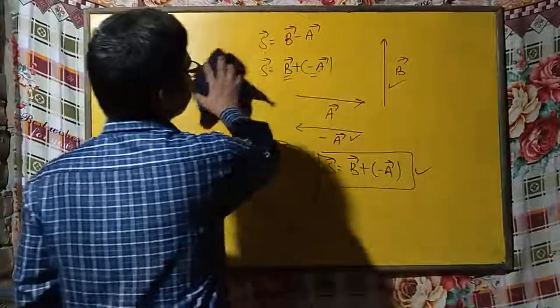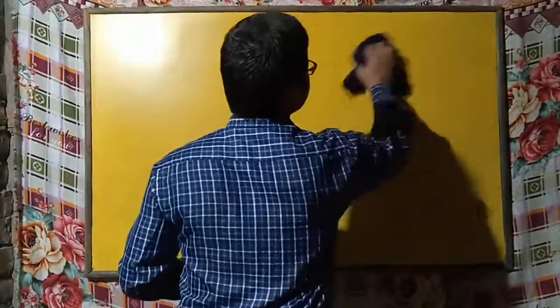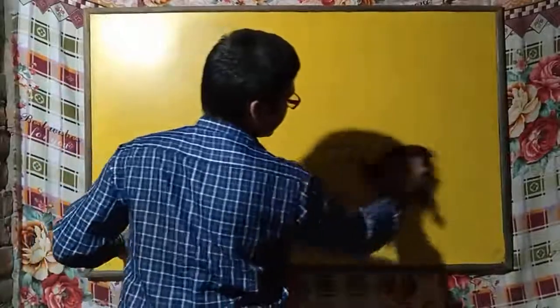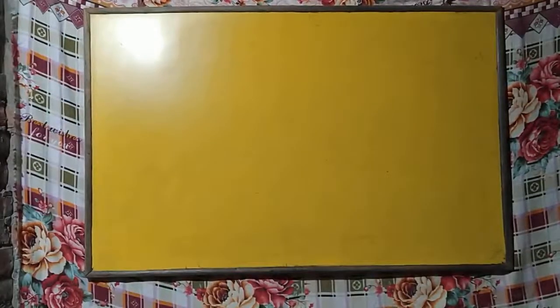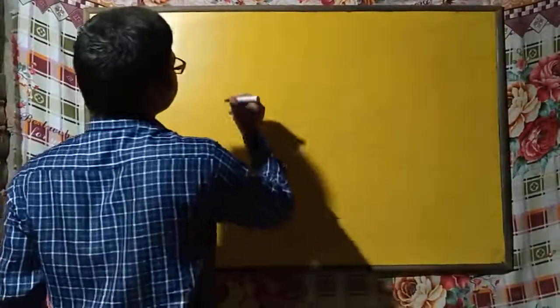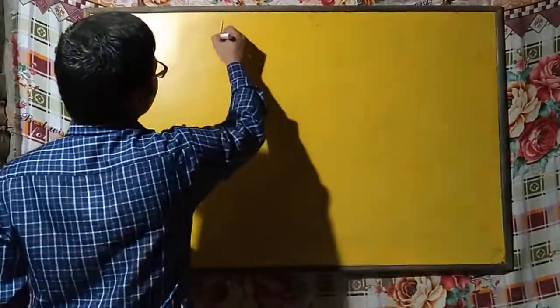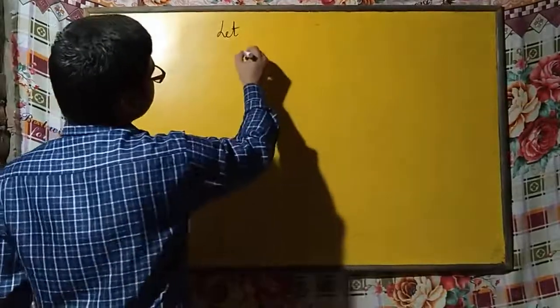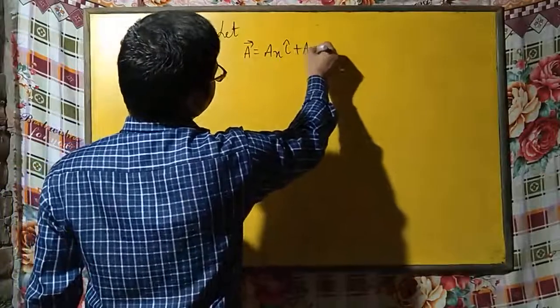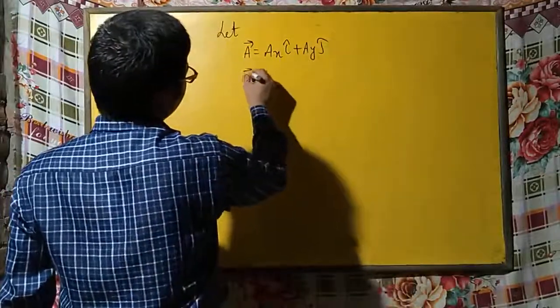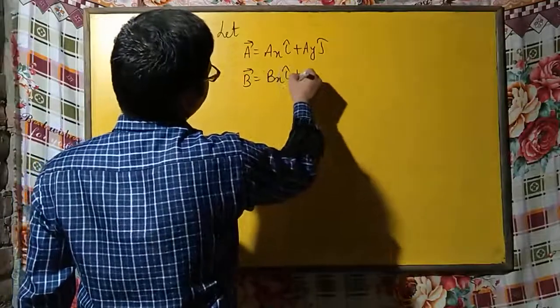Let's see the next part, that is how you can subtract two vectors in component form. So let's see. Subtraction of vectors in component form. Let two vectors be given, vector A equal to AXI plus AYJ and B equal to BXI plus BYJ.